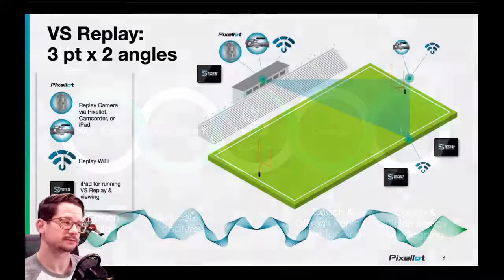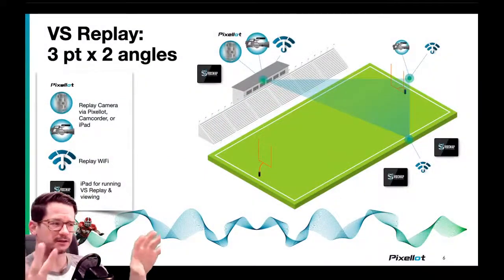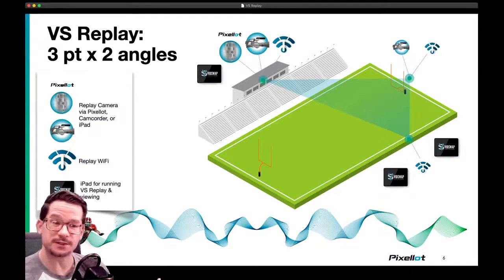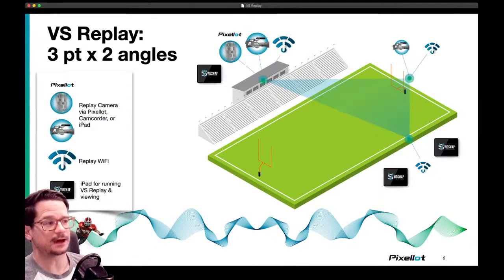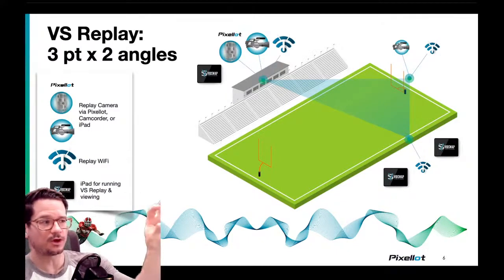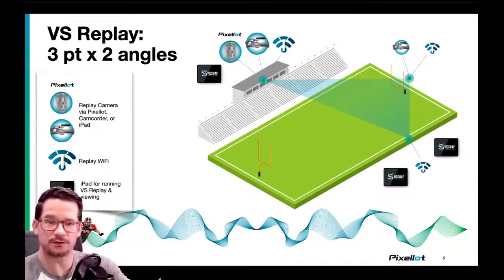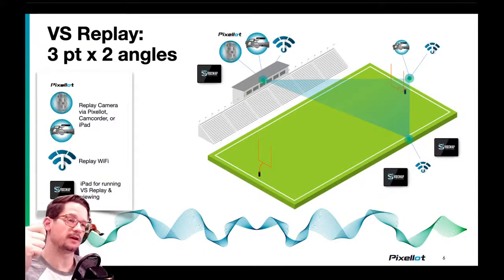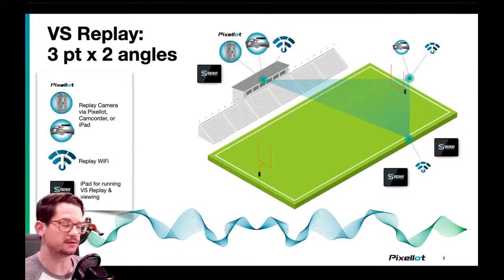So here's a nice little shot of what a replay system might look like. So this is a pretty typical 3-point system for us, where at the very top in a football stadium, our point number 1 might be plugged into the school network, pulling a Pixelot camera in, or maybe they've got a camcorder plugged in, maybe they're using an iPad to film, then there's a Wi-Fi hotspot.